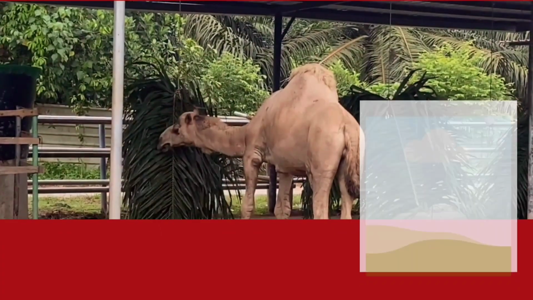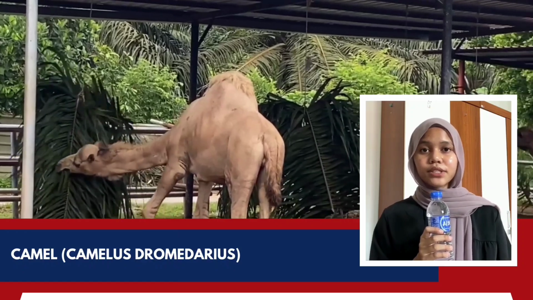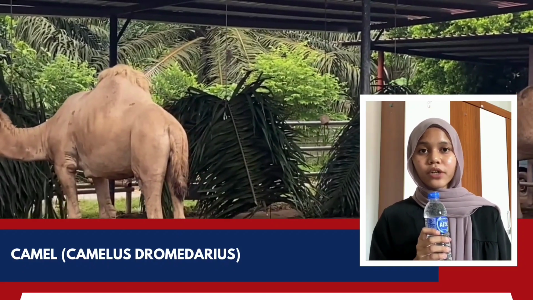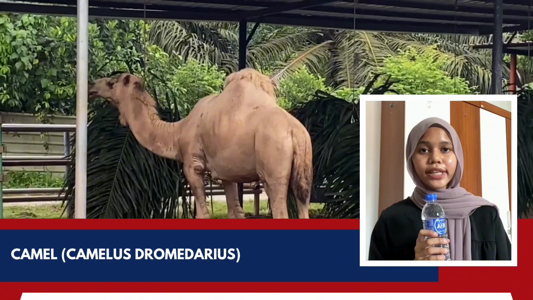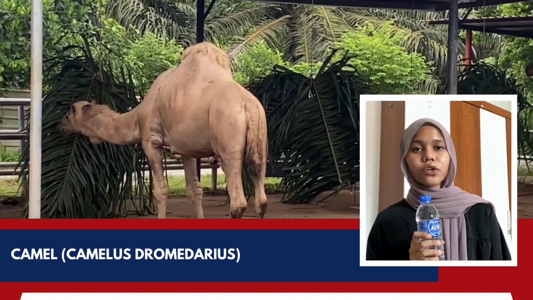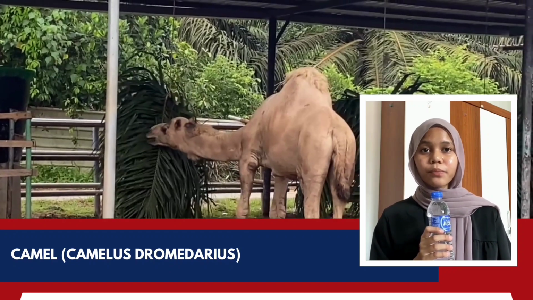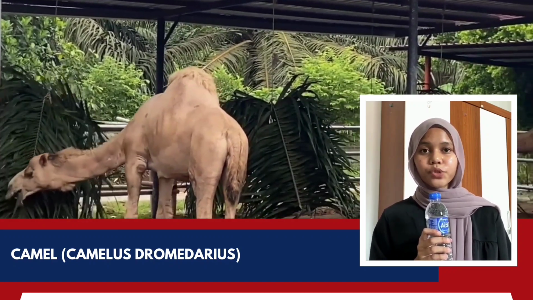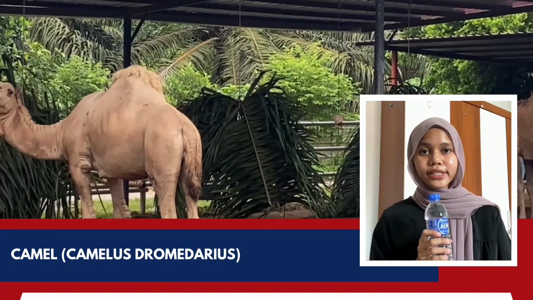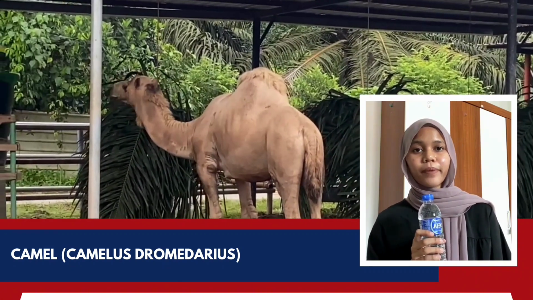Herbivores are animals that primarily consume plant material. They have specialized adaptations for feeding on various types of vegetation. For example, the camel, Camelus dromedarius, primarily consumes dry grasses, grains, and desert vegetation such as thorny plants and shrubs.